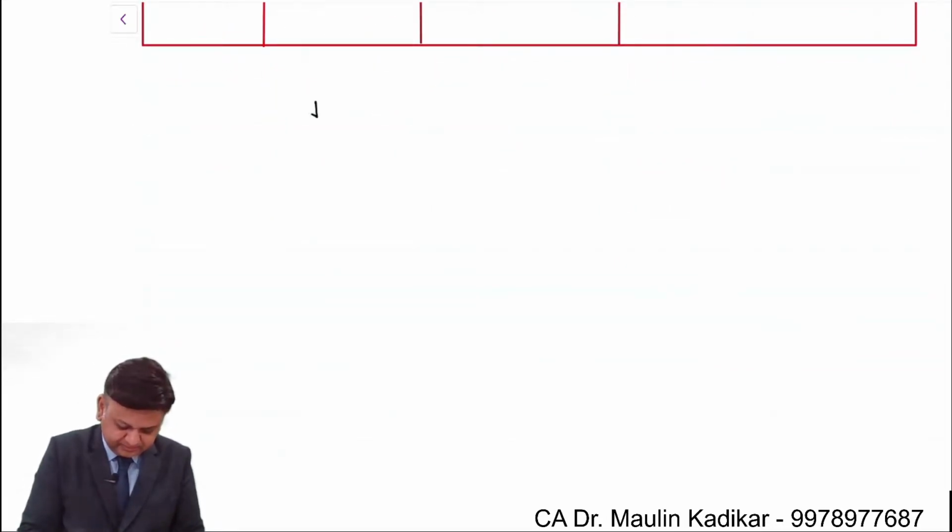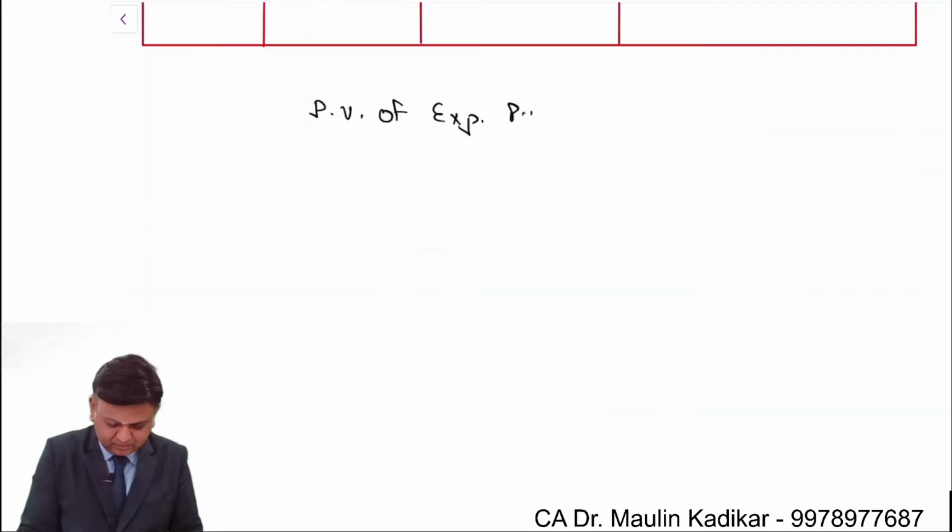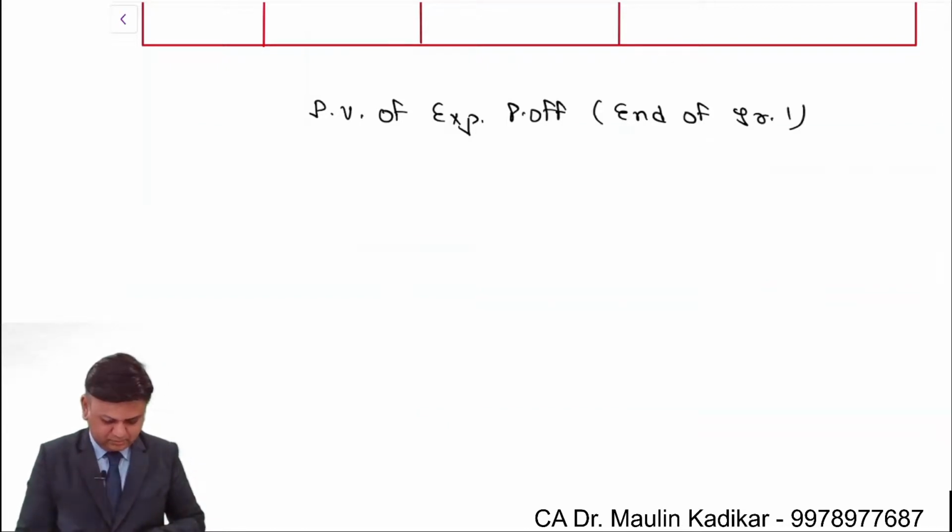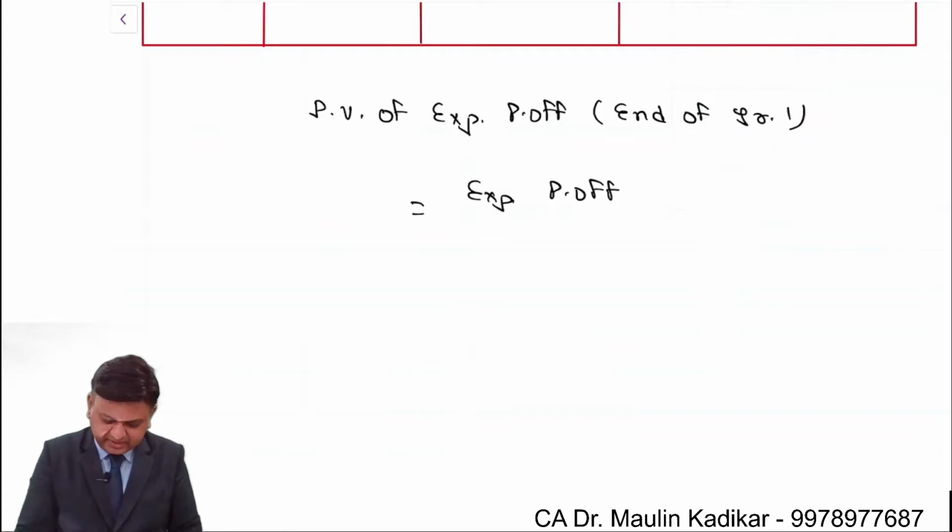Next is the premium, or we understand that so the present value of expected payoff. End of year 1. In that case, it is expected payoff divided by 1 plus RF.